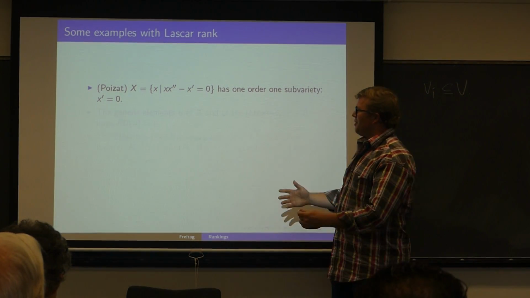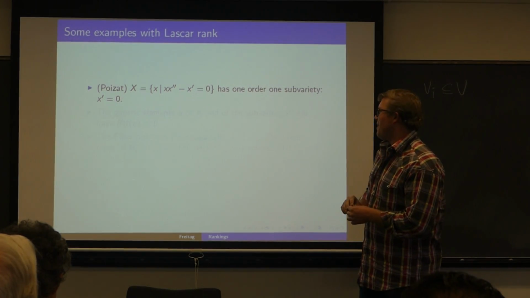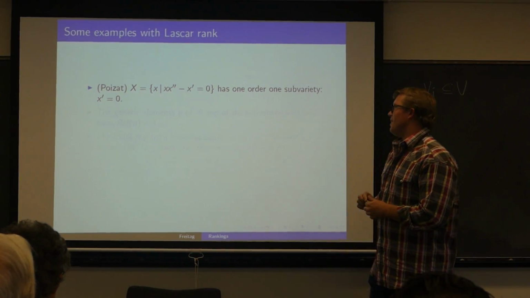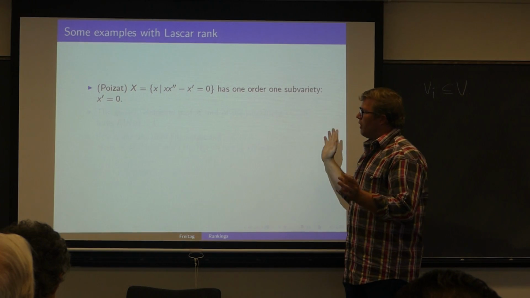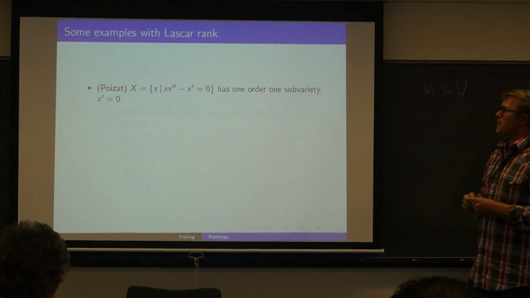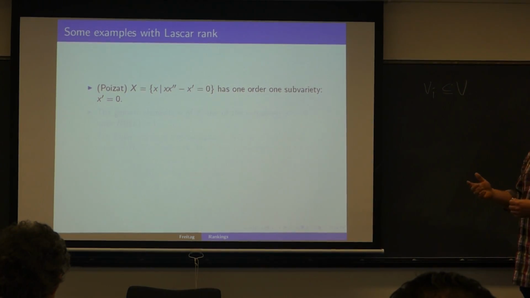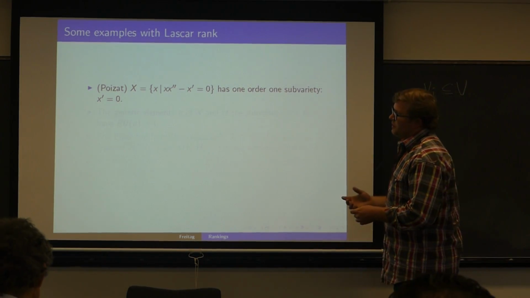Thank you. Okay, so there is an old example. Maybe one reason that Frank asked that is there's an old example of Poisson. So this variety, it only has one order 1 subvariety, x prime equals 0. And so you can see that the U rank of any transcendental element is going to be at least 1.